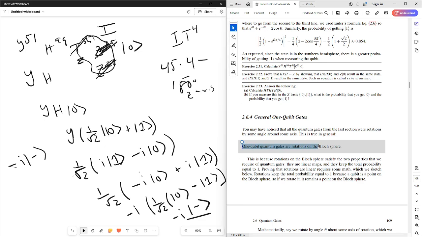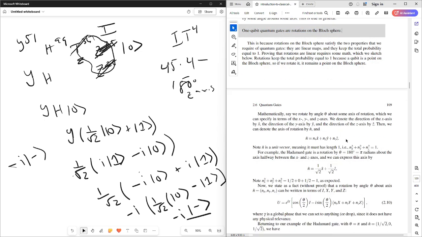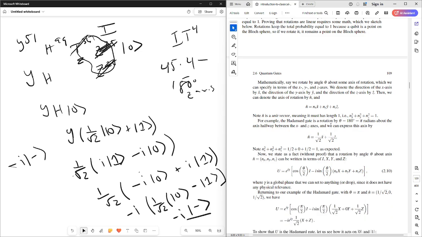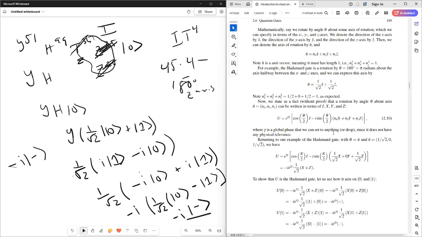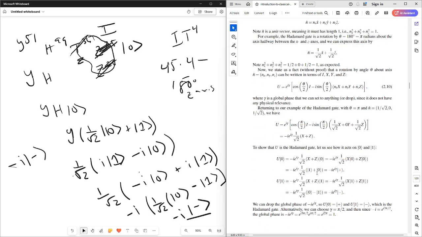One-bit quantum gates are rotations on the Bloch sphere. I don't remember if I went over this little section here.